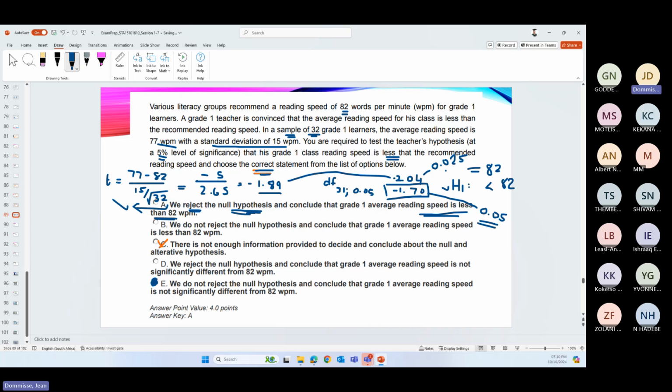If you said we reject the null hypothesis, which is also correct, but not significant, they might actually give you less for this one than E, because here you made another mistake, and that is having your hypothesis wrong.